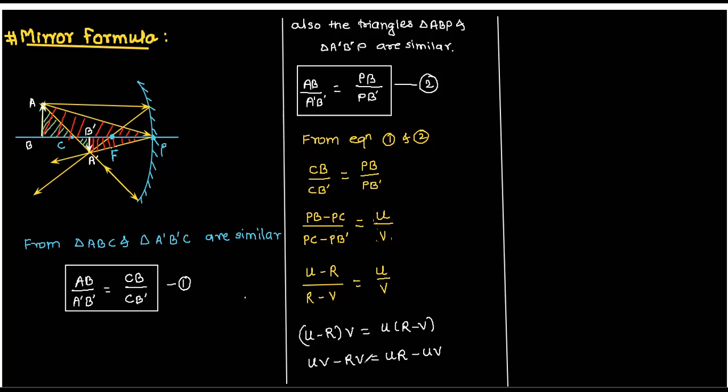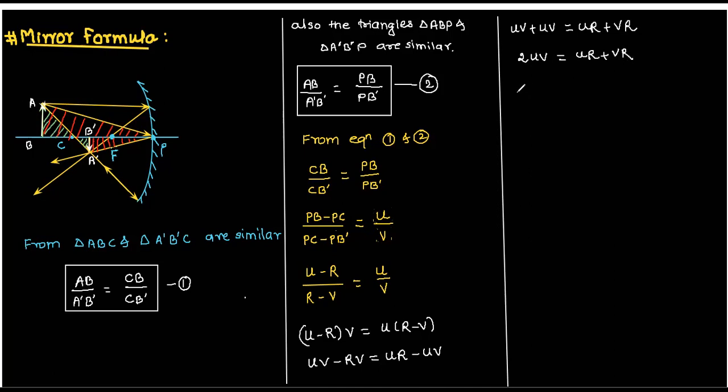So transfer V terms this side and R terms that side. So what you are getting? UV plus UV is equal to UR plus VR. And therefore 2UV is equal to UR plus VR.